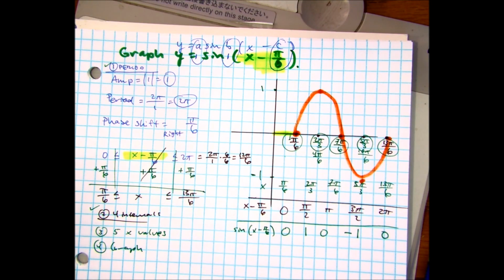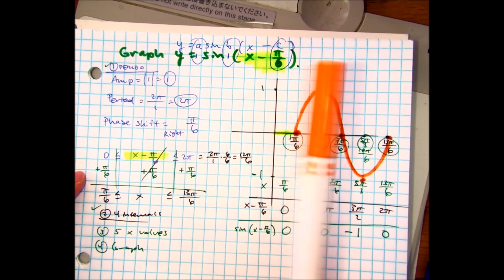Do you see what happened to the graph? It's essentially just pushed off by pi over 6.